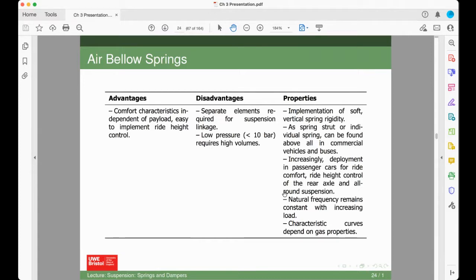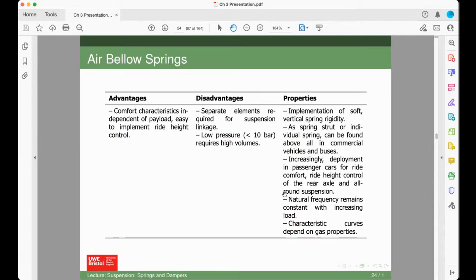If you look at the back end of a big dumper truck or articulated trailer, you'll often find air springs there as well, again to do with the ride height. They are also deployed in passenger cars for ride comfort. They're very comfortable, and you control the ride height of the rear axle, or all-round suspension. And the natural frequency remains constant with increasing load.